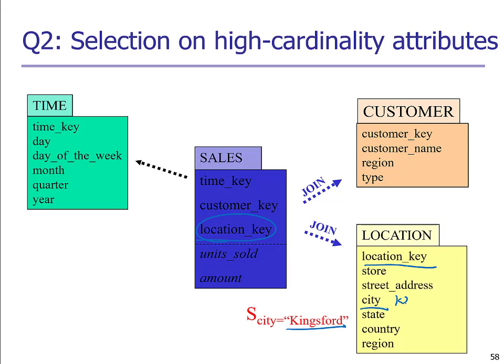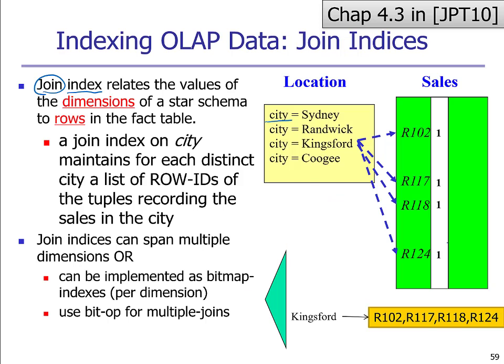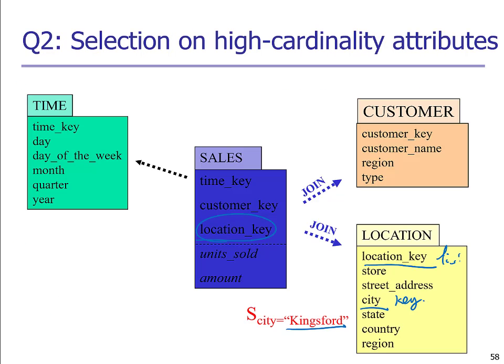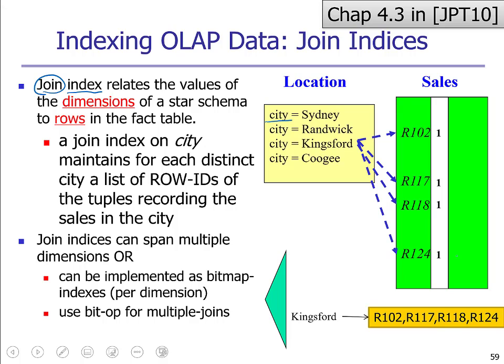So city would be the key, and the location key corresponding to each and every city will be stored as a list in the index. So it looks something like this.